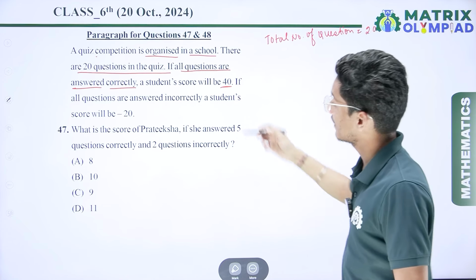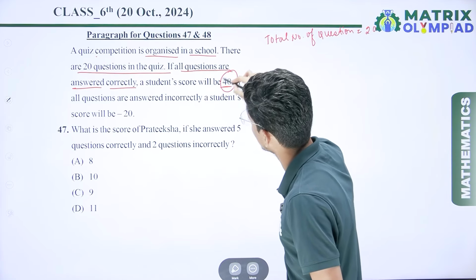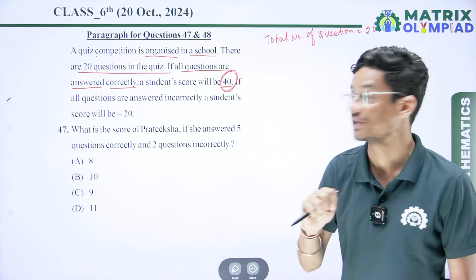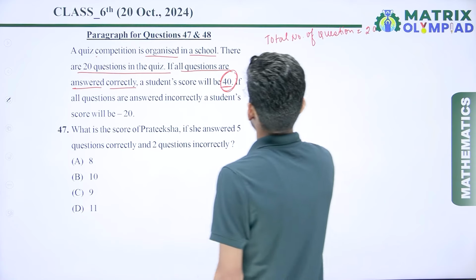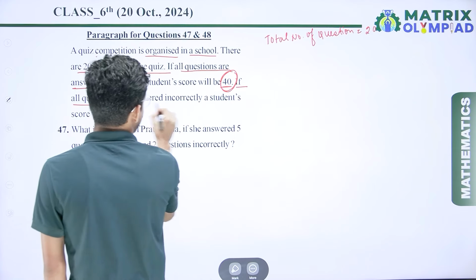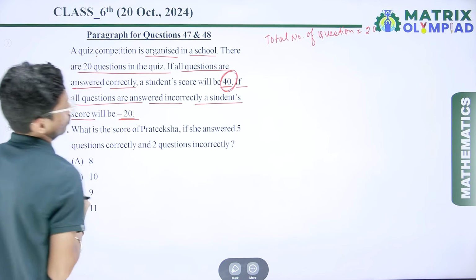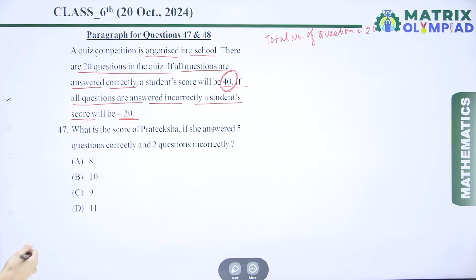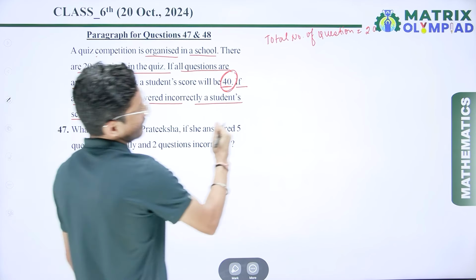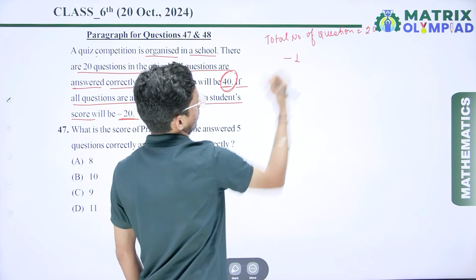If all answers are correct, the student scores 20 questions, so the marks for a correct answer are 2. If all questions are answered incorrectly, the student scores minus 20. It means the negative marking is minus 1.